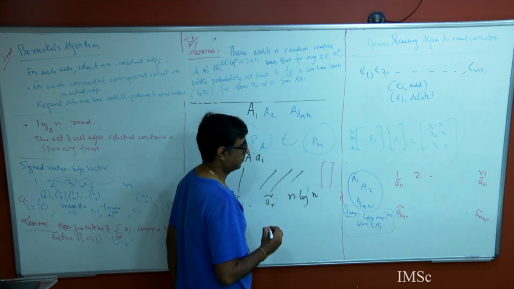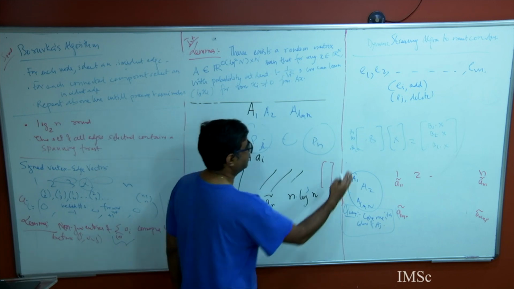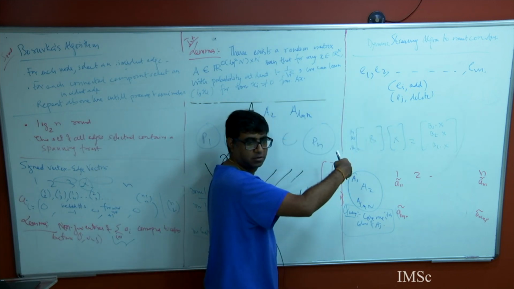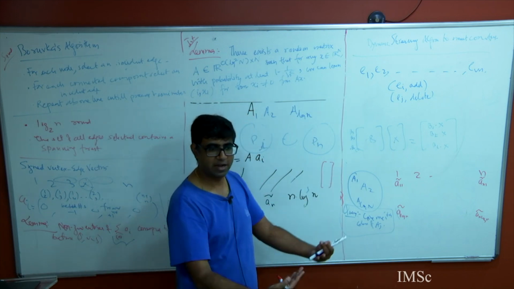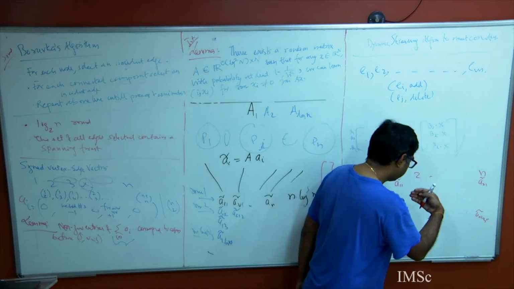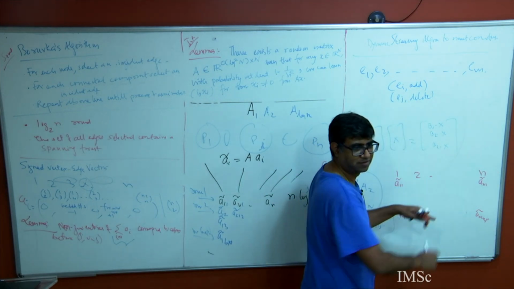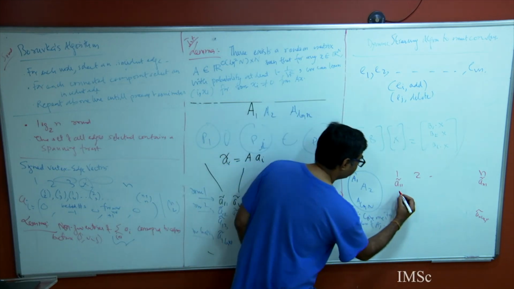Ai is 0, so in the beginning nothing has come. The huge vector is all zeros. In the beginning the graph is empty, so I have instantiated it with all zeros. So all these are 0.